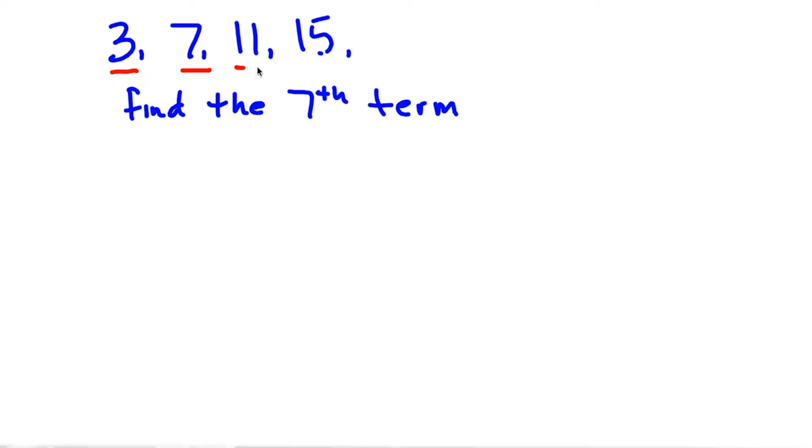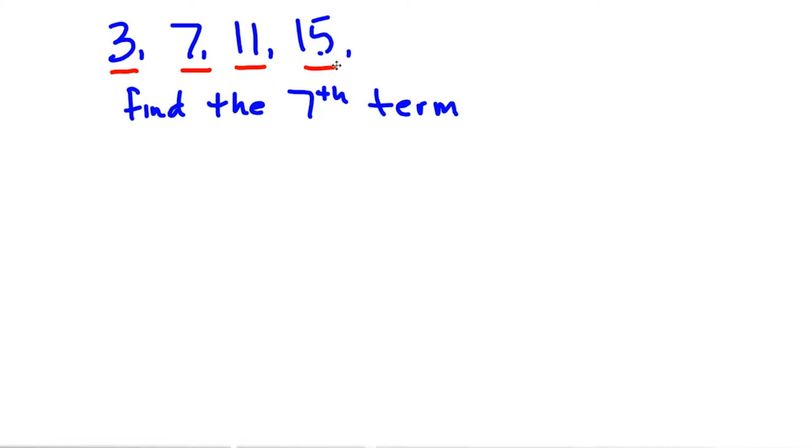On the sequences, as they set them up on the test, they typically give you a couple of numbers and you have to figure out whether it's an arithmetic or a geometric sequence, or they might tell you, in the arithmetic sequence below, the 4 numbers are listed, find the 7th term. So this one I've given you, the 4 numbers are 3, 7, 11, 15. If it says arithmetic sequence, you know you have to add or subtract. So that's find the common difference between the numbers.